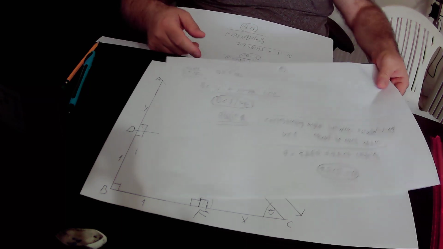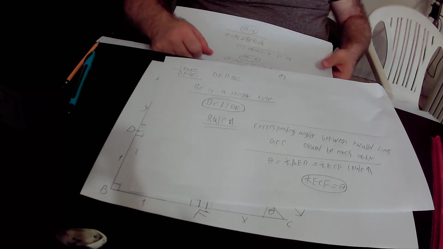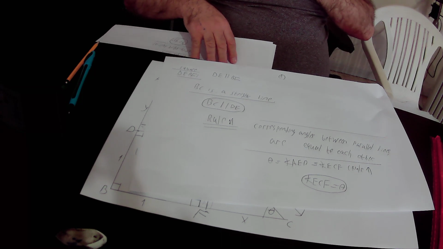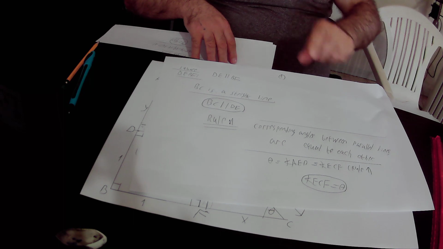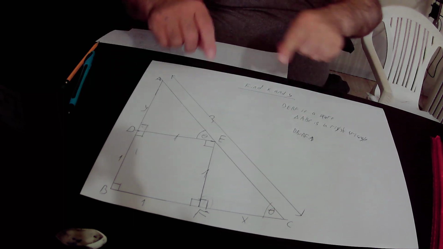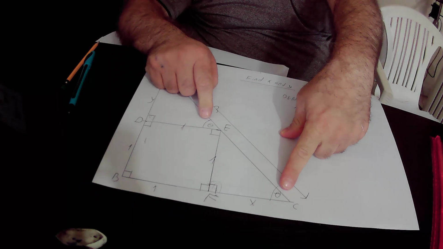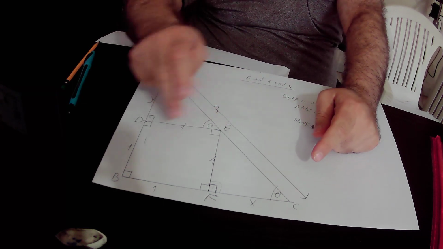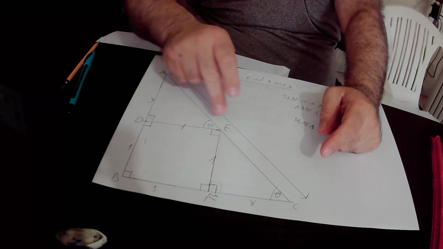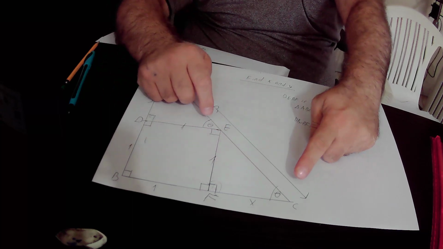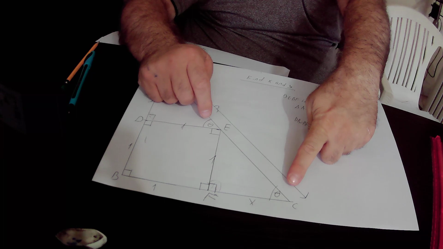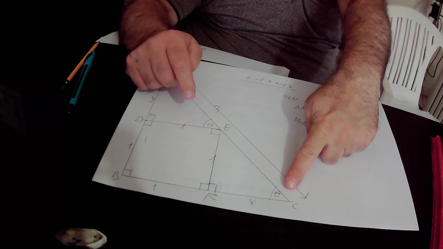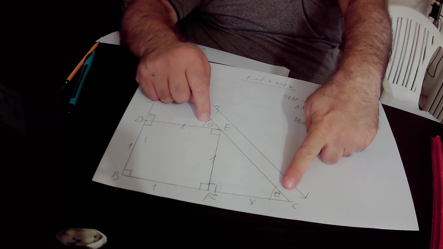So we can write down that BC is parallel to DE, and according to rule number 1, corresponding angles between parallel lines are equal to each other. Those two angles are defined as corresponding angles, and they are located between the parallel lines DE and BC. Therefore, according to rule number 1, those two corresponding angles will be equal to each other.